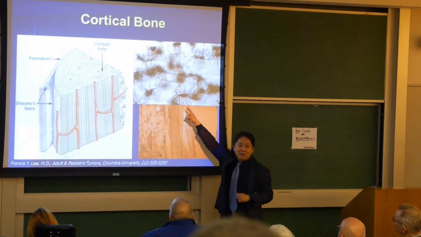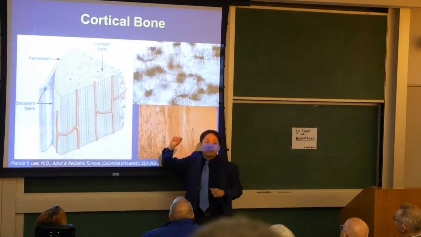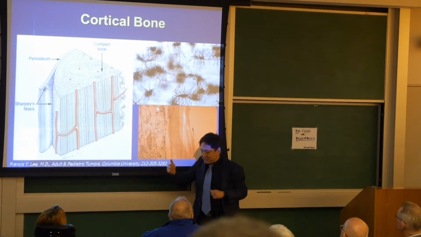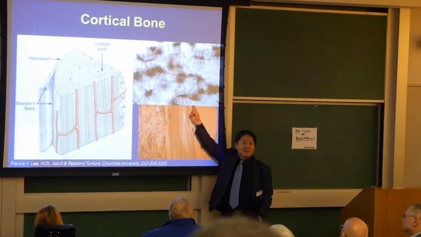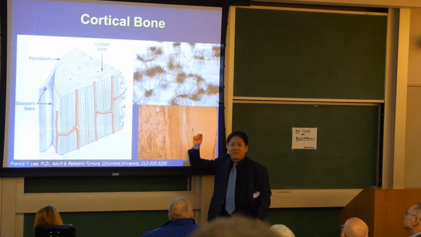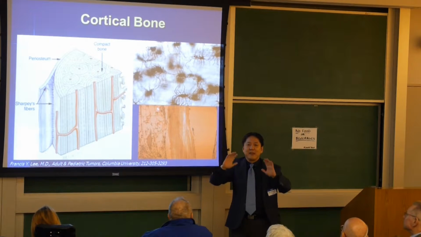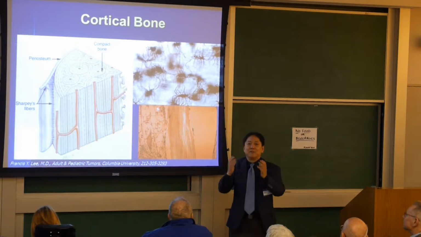And if we cut the bone in this section and look under the microscope, we see this kind of cells. It looks like a spider, right? And these cells are called osteocytes, meaning the principal resident cells of bone. As a matter of fact, these osteocytes are the master regulators of bone biology. They make bone and they send a signal to dissolve bone.